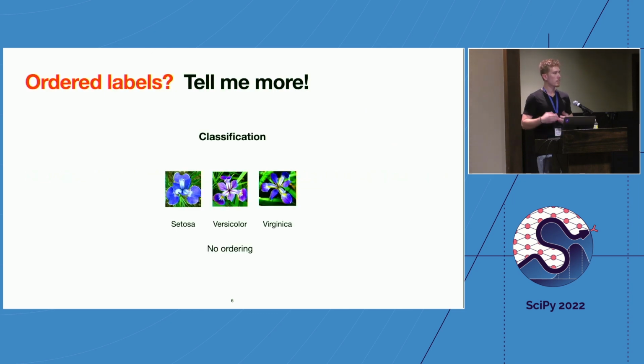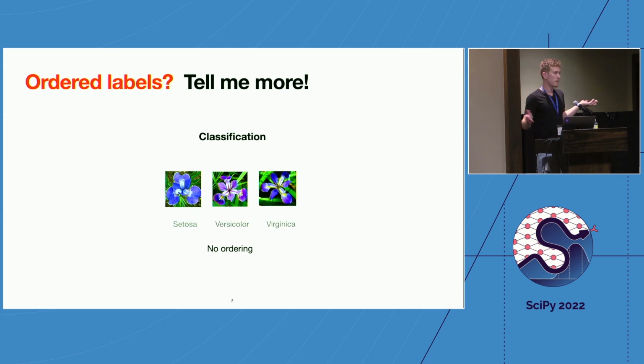In regular classification, you probably already stumbled many times over the iris data set, where we have different flower species. In iris, we have these 3 flower classes or species, iris setosa, versicolor, and virginica. And there is no ordering information among these classes. They are just disjoint, independent classes.